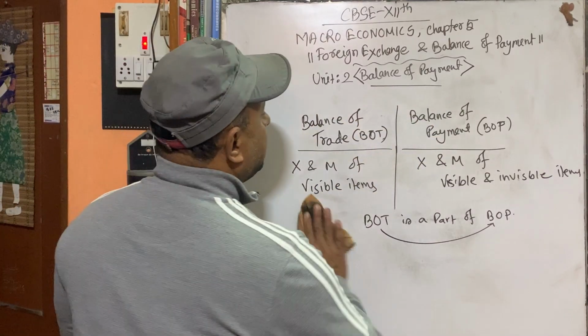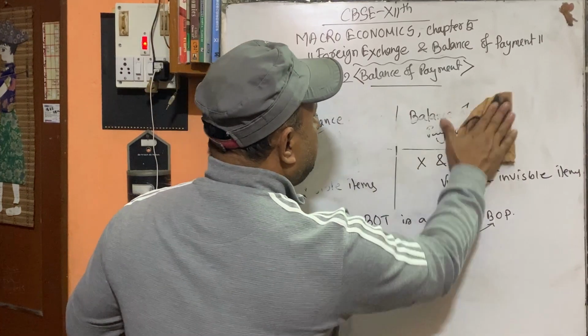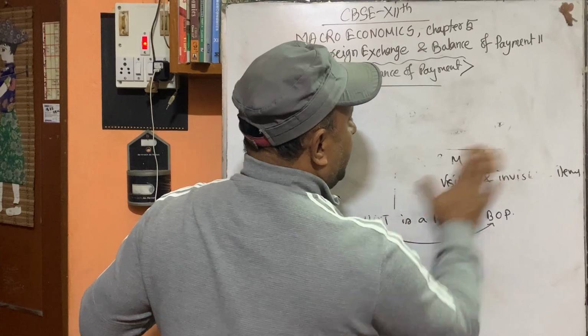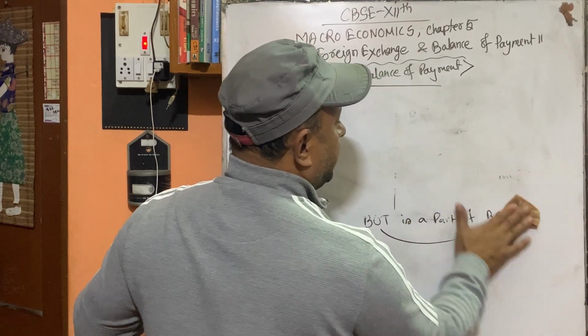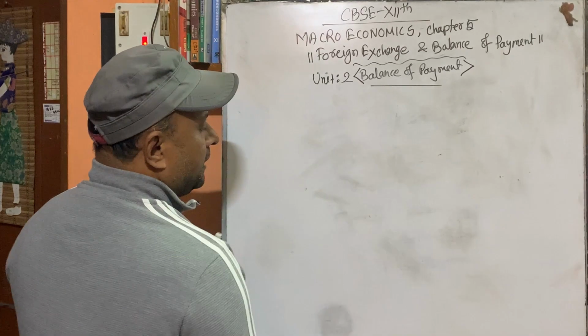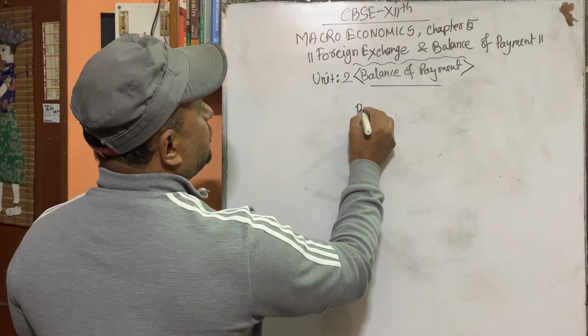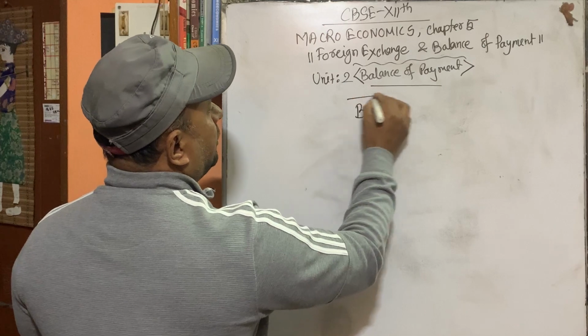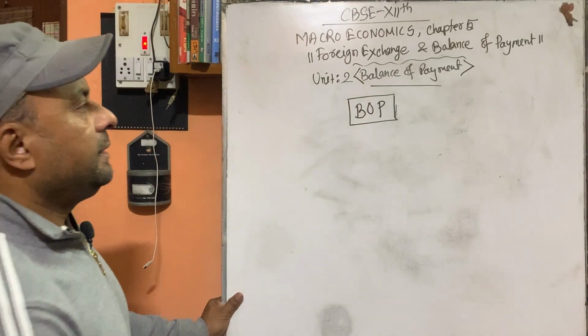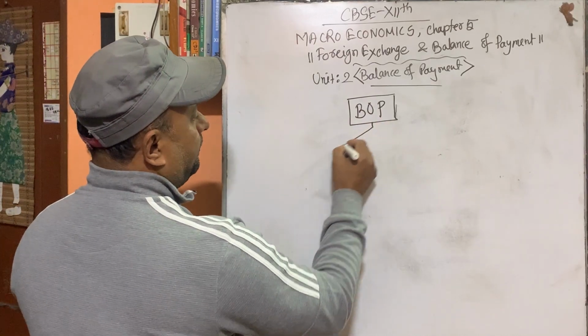Now, details of BOP. Balance of payment means the total or complete systematic record of foreign exchange or foreign trade of a country. All types of economic transactions of a country come under balance of payment. It has two parts.